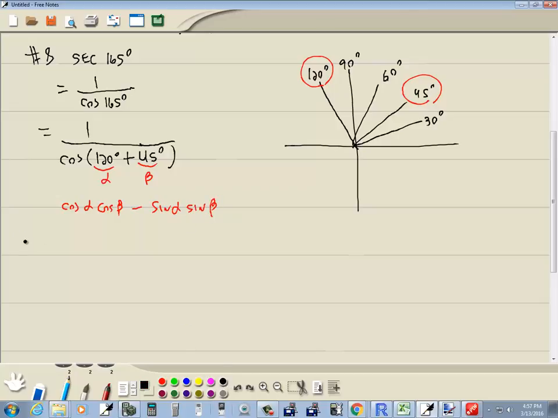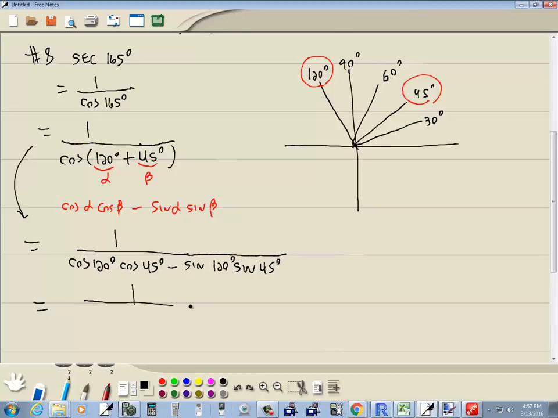So this becomes 1 over cosine of alpha, and alpha we said was 120 degrees. So we've got cosine of 120 degrees, and then cosine of beta, and beta is 45 degrees, minus sine of 120 degrees, and then sine of 45 degrees. So just plug in the alpha and beta we identified there.